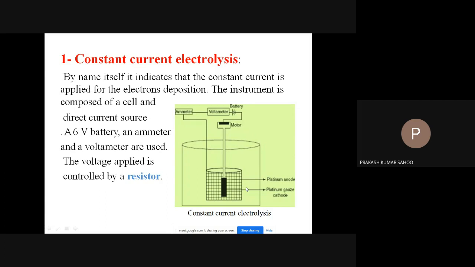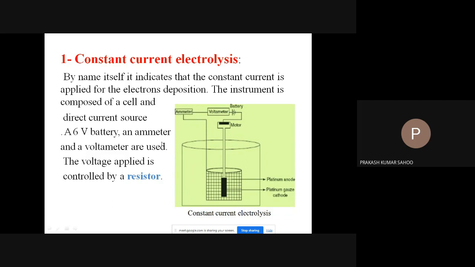The pre-weight and post-weight of the platinum gauze cathode are determined, and the difference in weight will be the amount of metal ion present in the solution. That will be the electrogravimetric apparatus.